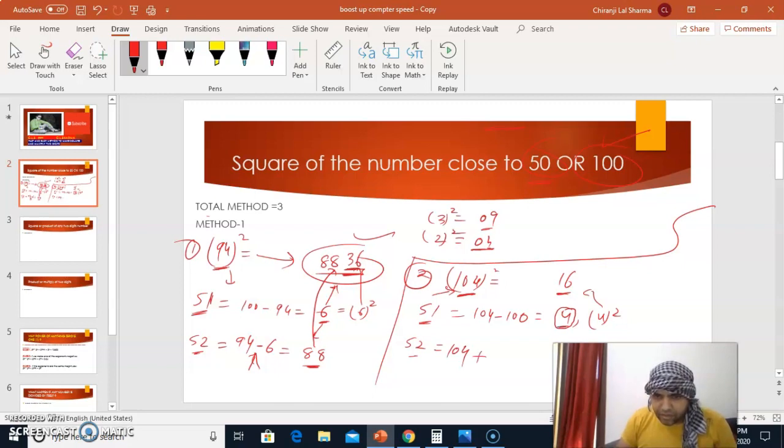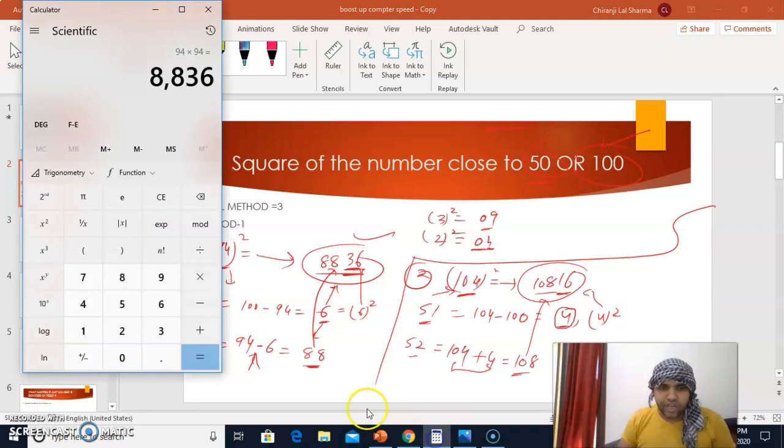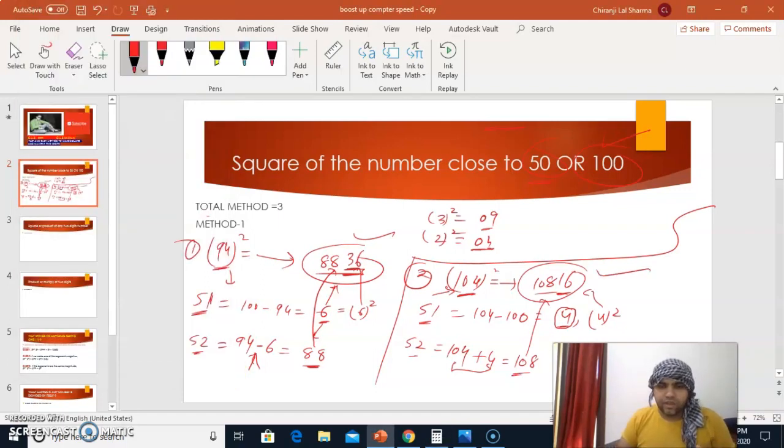You add this 4 to the given number and that gives you 108. So you write this directly here. This is the answer of the square of 104. You can check in a calculator, 104 times 104. See, the answer is the same. Hope you understand.